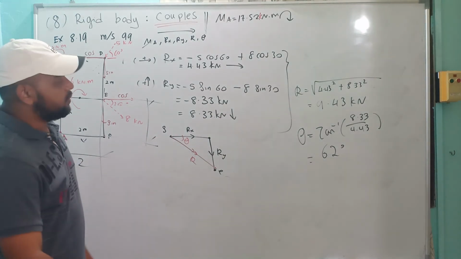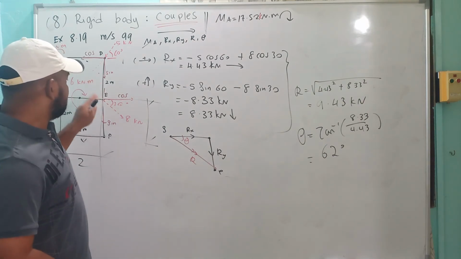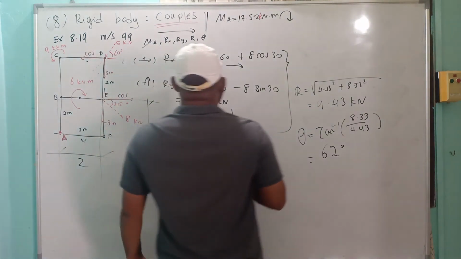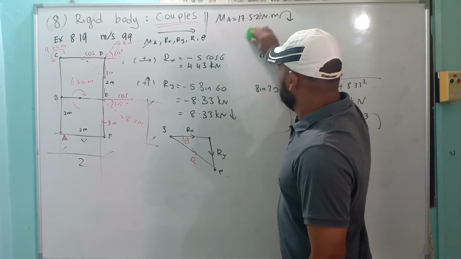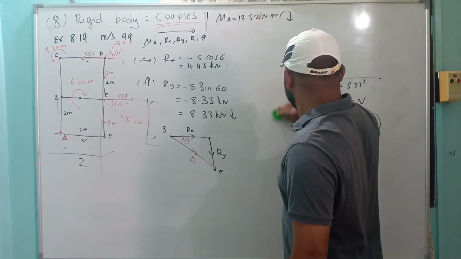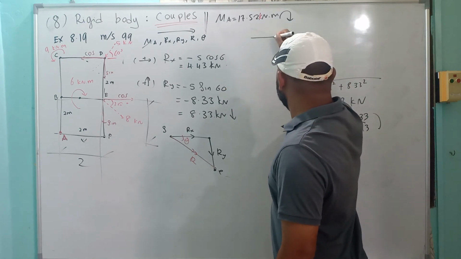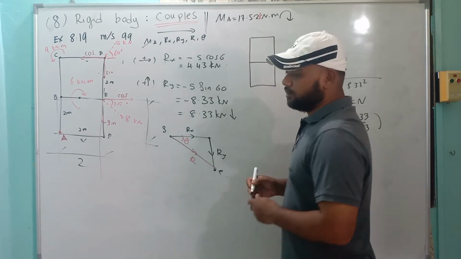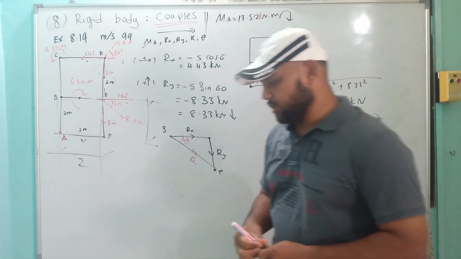Okay, so for your final answer, you should redraw this, or you can redraw only part of it. So I will erase this one. You want this point, which is point A, so you draw that one.